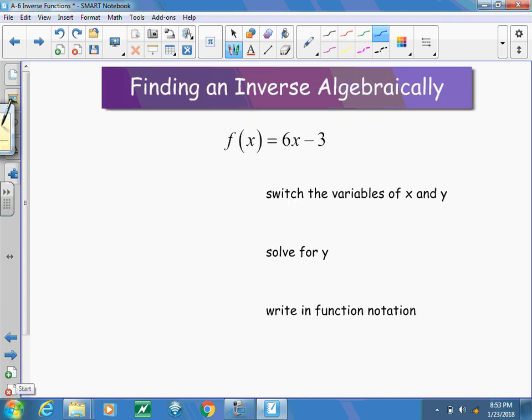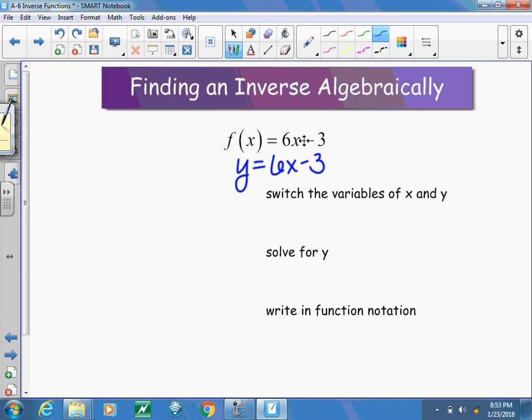So let's take a look at finding some inverses algebraically of some basic equations. Starting out with f of x is equal to 6x minus 3. F of x is just a fancy way of saying y is equal to 6x minus 3. And when we solve our inverses, because we may end up plugging them into our calculators and having our calculators graph them out, we're always going to want to have our equations solved for y.